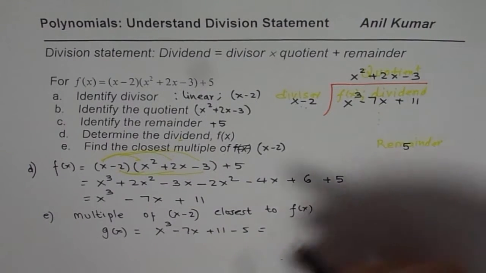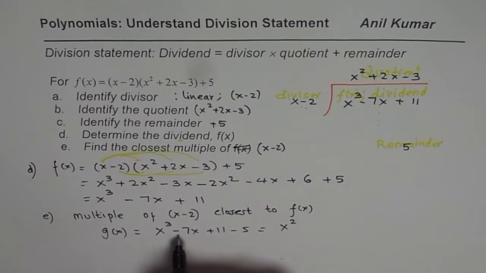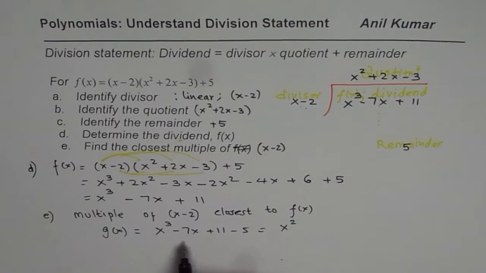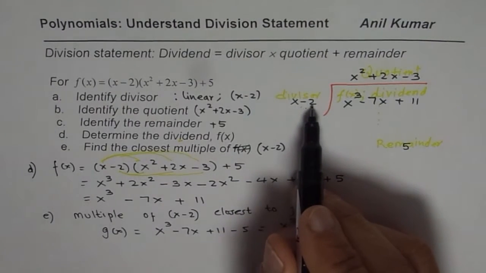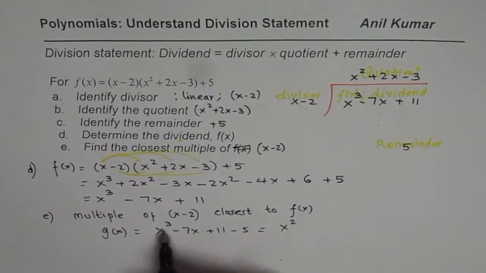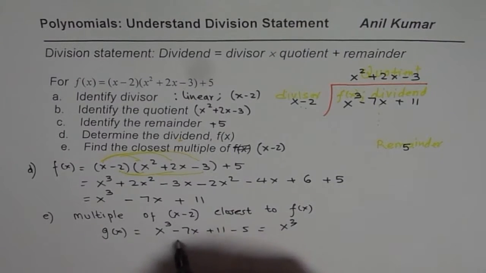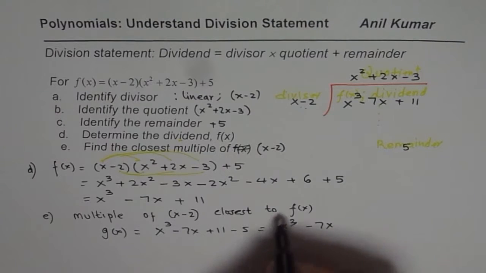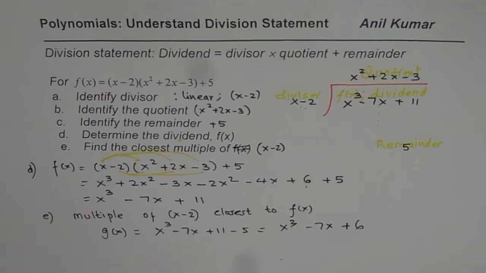So the closest function which is a multiple of x minus 2 will be x cubed minus 7x, and when you take away 5 from 11, you get 6, so plus 6. This is the closest one which you get to this operation, correct?